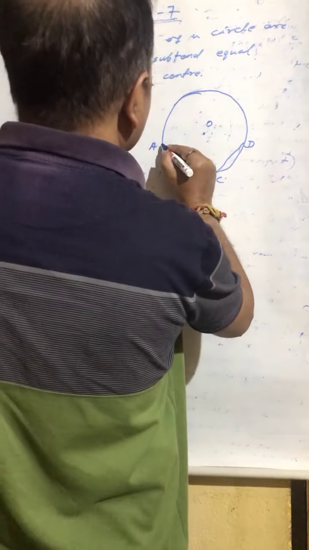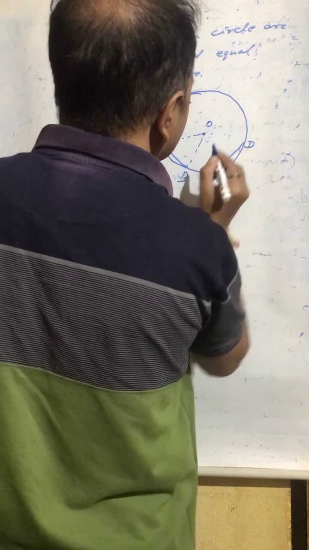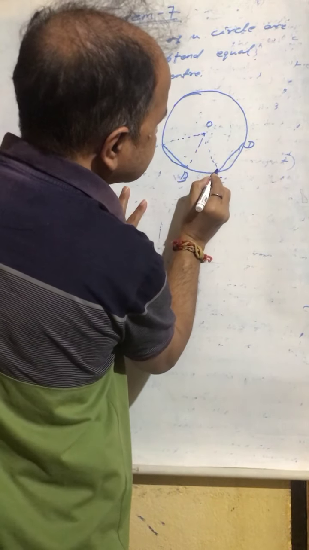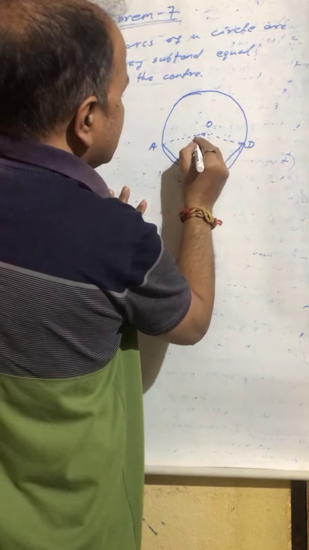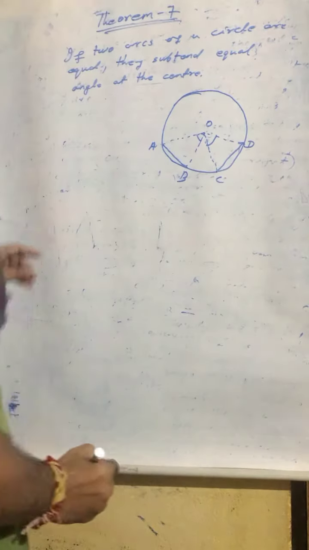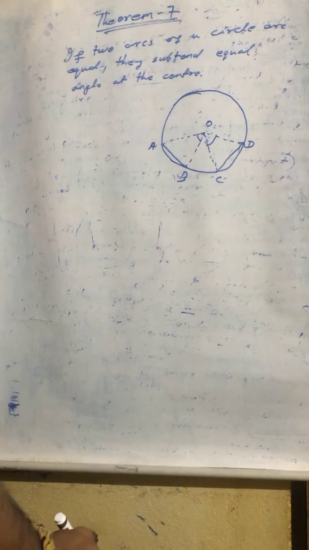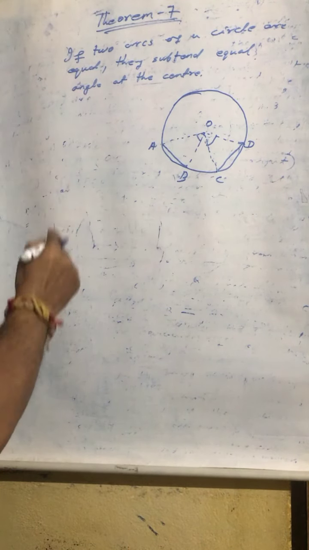So what is the angle subtended at the center by arc AB and arc CD? I already proved it. If two arcs of a circle are equal, then, as you have already studied, the angles they subtend are equal.